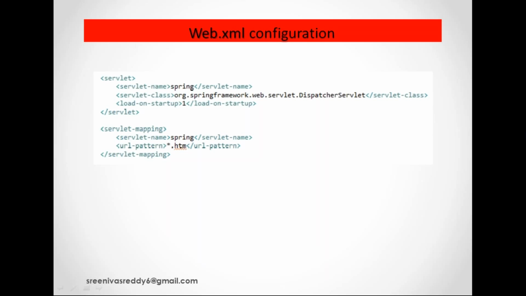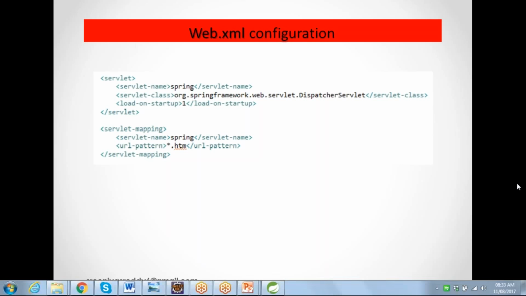Before the dispatcher servlet object bootstraps everything, it first loads the Spring configuration file, reads everything, and registers it along with the dispatcher servlet. That is the way you avoid using a bean factory; you can use the application context.